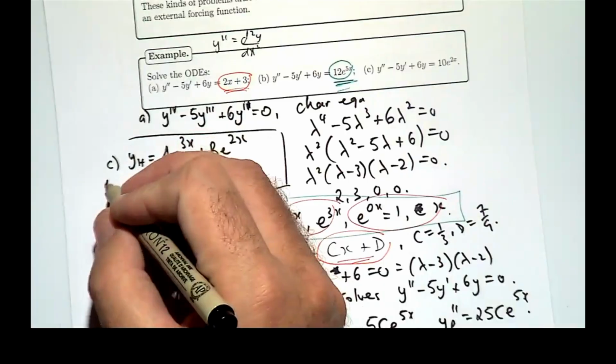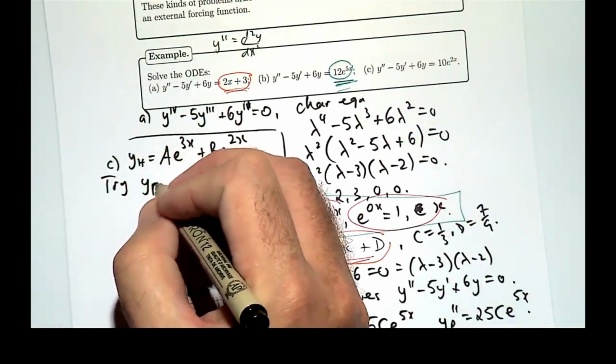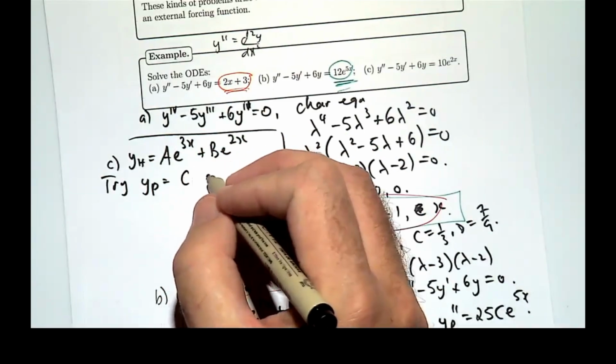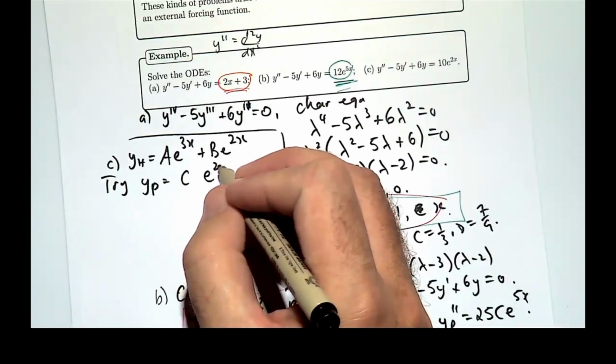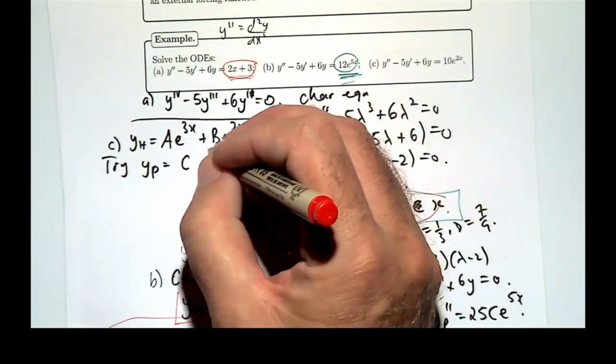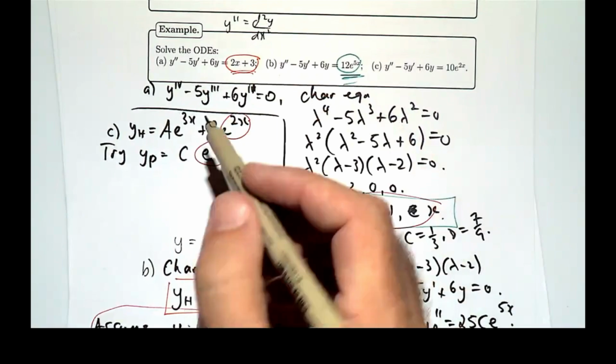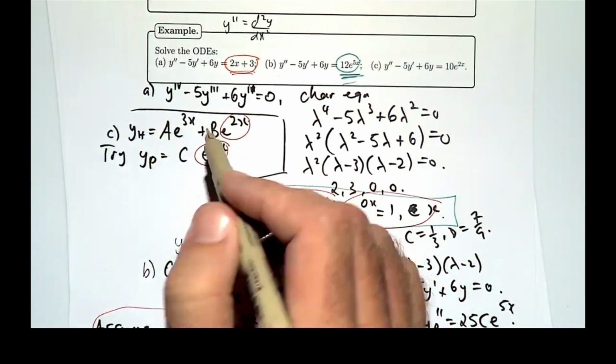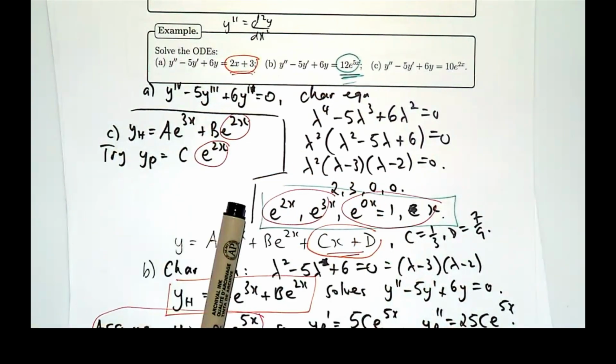Should I take this and fit this? Should I do that? No, why not? Exactly. So you can see here, I've already got that in my homogeneous solution. So if I add these two things together, this bit's not adding anything new, right?